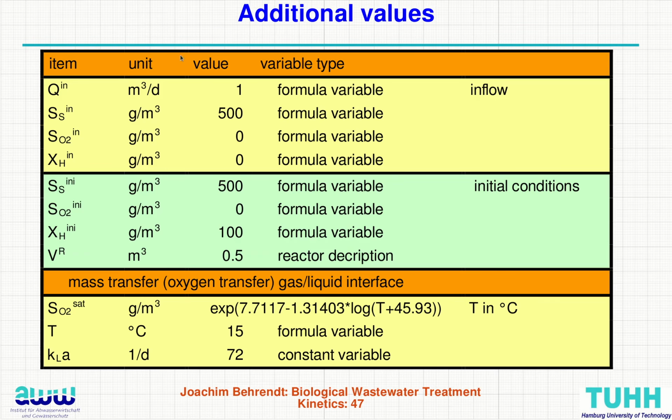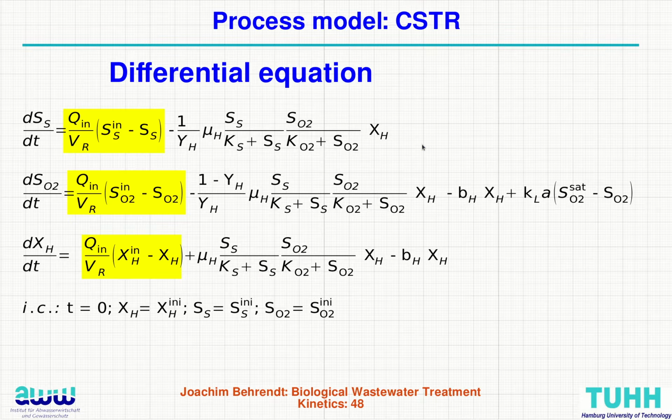Yeah, there we get some more important data to consider. We have to know what the inflow is, and we also need the inflow concentrations of our components, of course. The rest is the same, and the differential equation changes only slightly in this case. We only have to add the transport term, the convective transport term, for the substrate, the oxygen and the biomass.